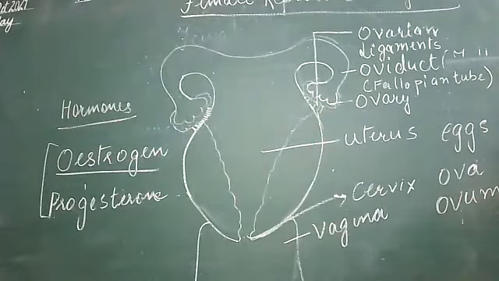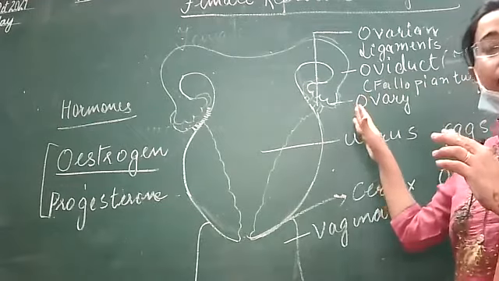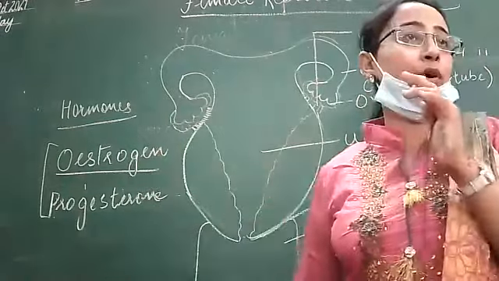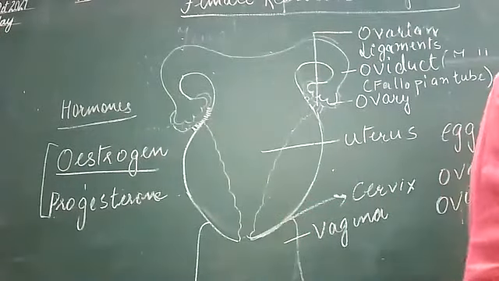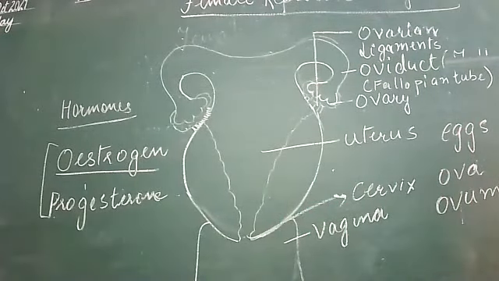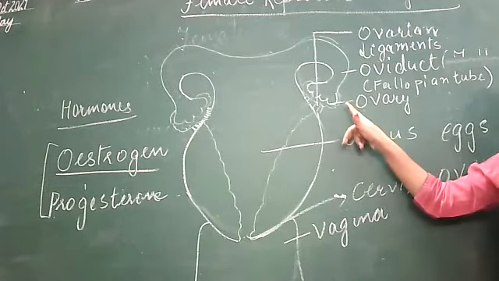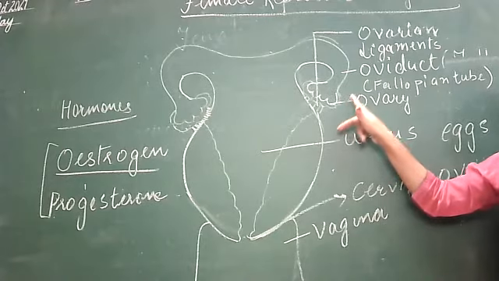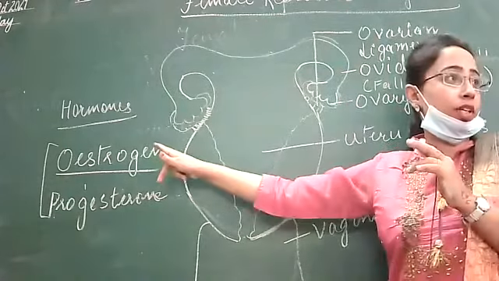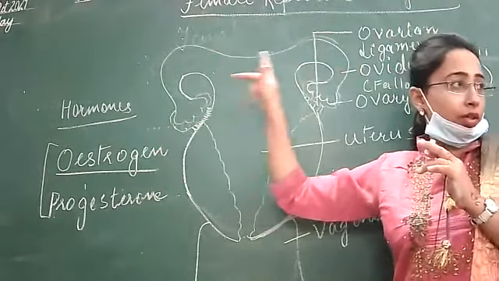The egg is released alternately from each ovary in each month. If in one month the left ovary is producing an egg, in the other month the right ovary will produce an egg. And in each month there is production of one egg. Got it? So if in one month this ovary releases an egg, in the next month the other ovary will release an egg, one by one.